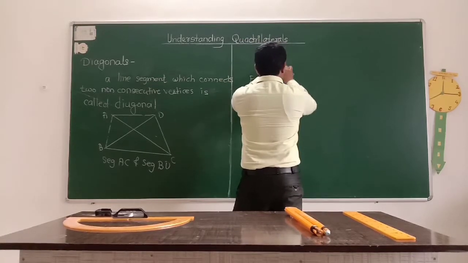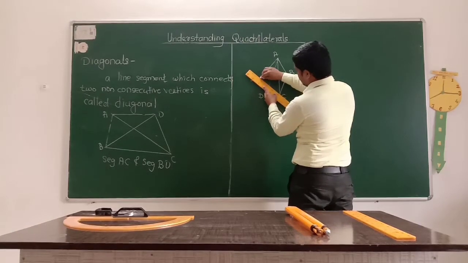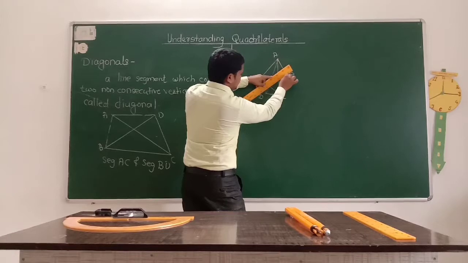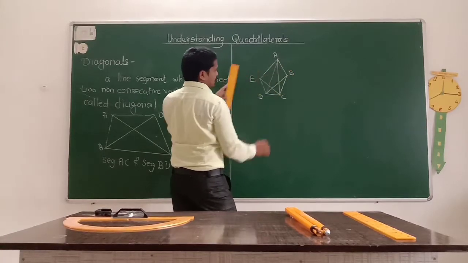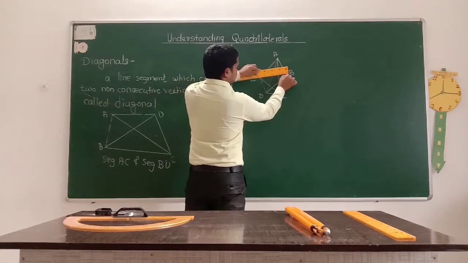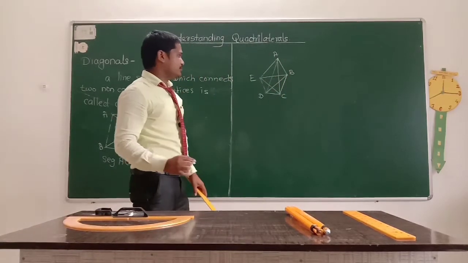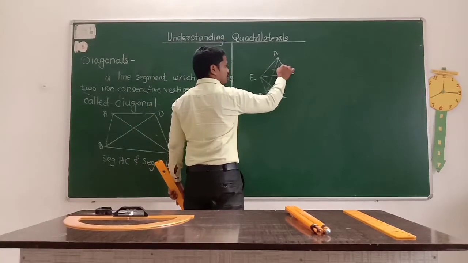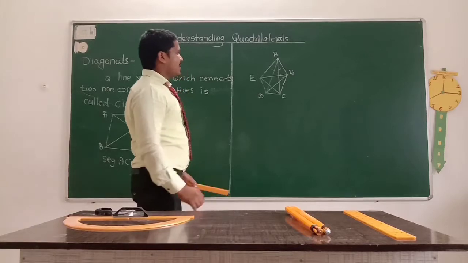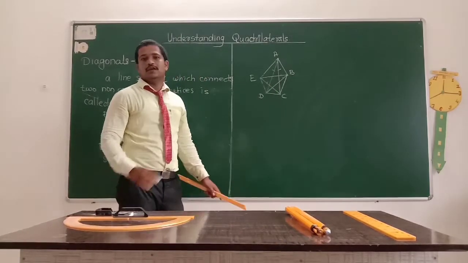A and C is the second diagonal, then EC is the third diagonal, and BD is the fourth diagonal. And one more we can join. So how many diagonals do we have now? 1, 2, 3, 4, and 5. So these are the number of diagonals in a pentagon.